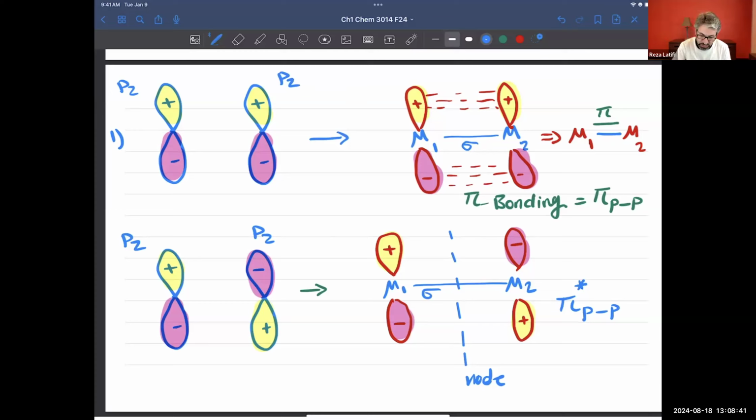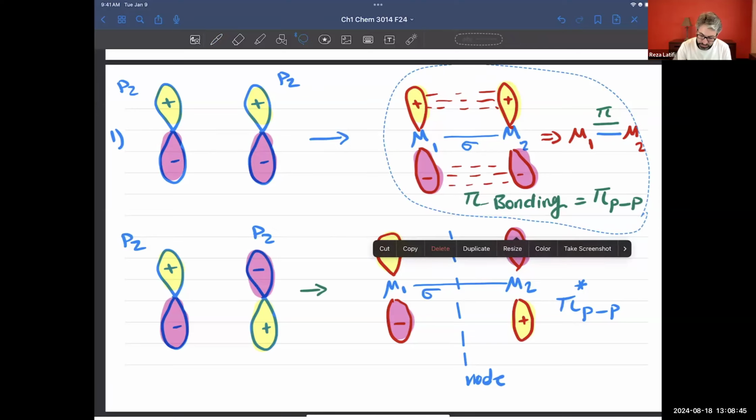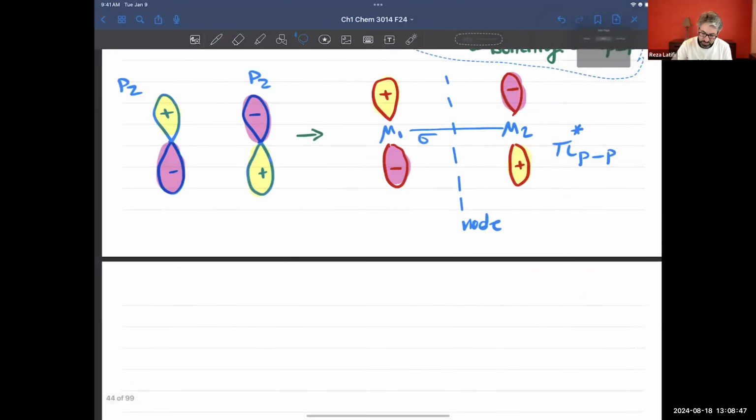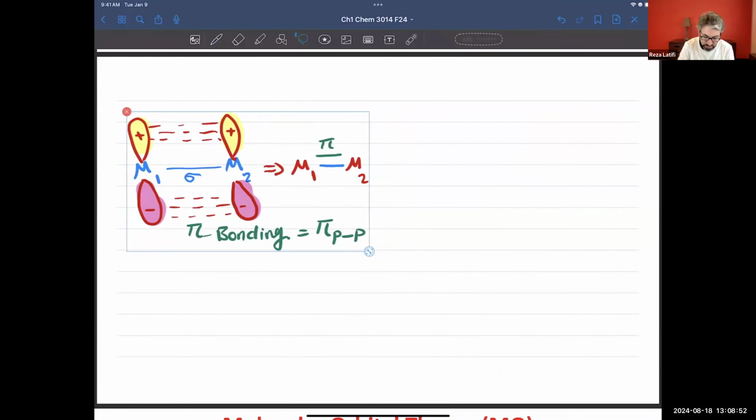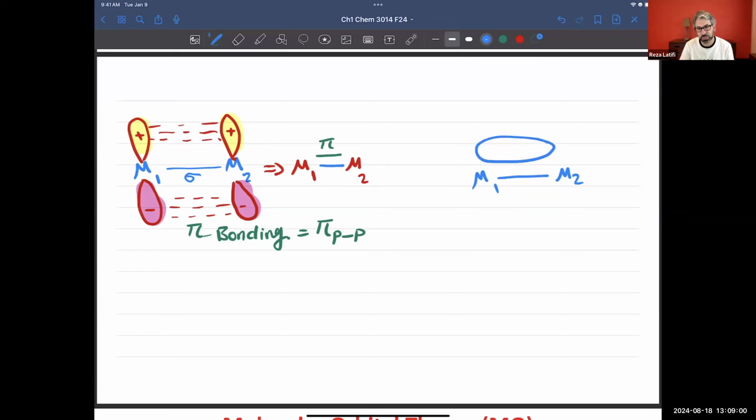Sometimes the pi interaction we show this way. Instead of drawing this, we say M1 attached to M2, and we draw a cloud on the top and one at the bottom, and we say this is positive and that one is negative.